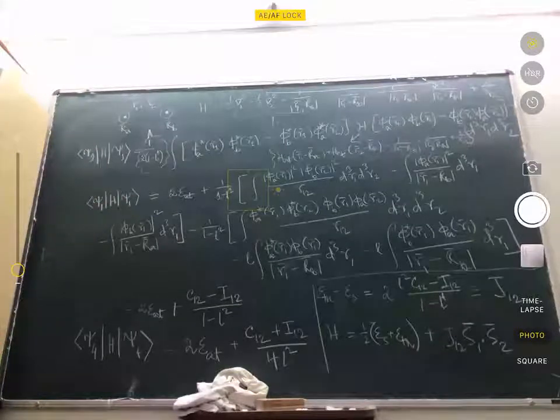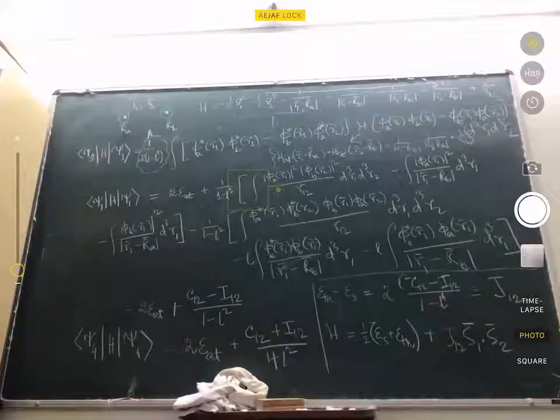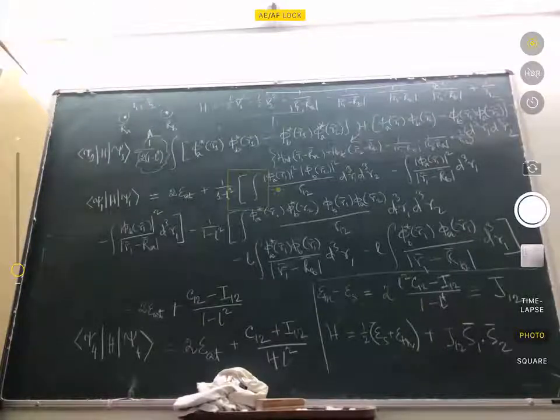J12 changes sign. It was negative, and when it becomes positive, it is energetically favorable for the spins to anti-align. That is what we call an antiferromagnetic coupling, an antiferromagnetic exchange.